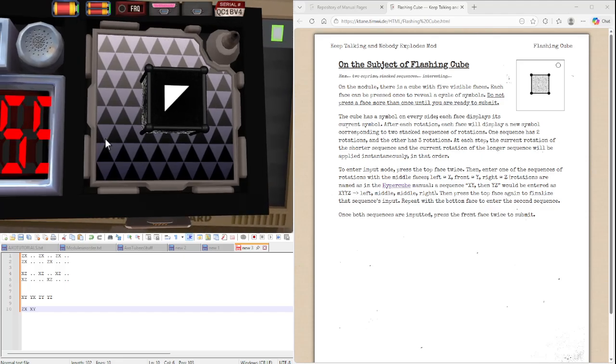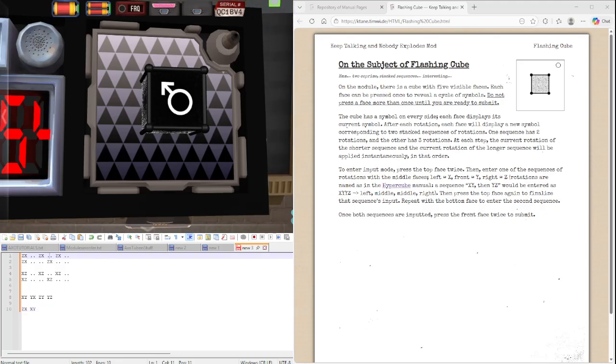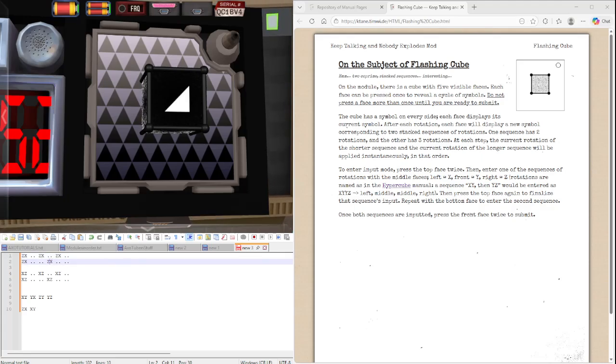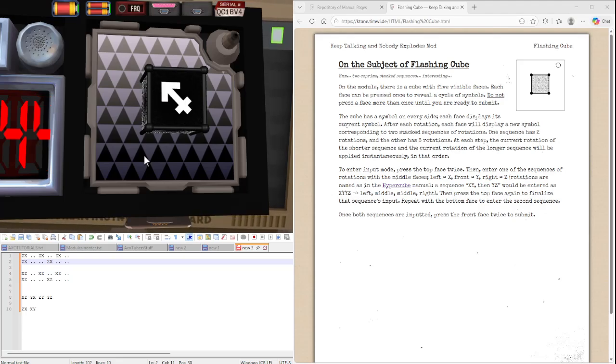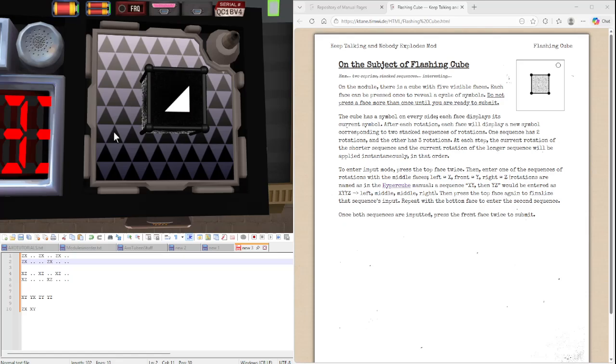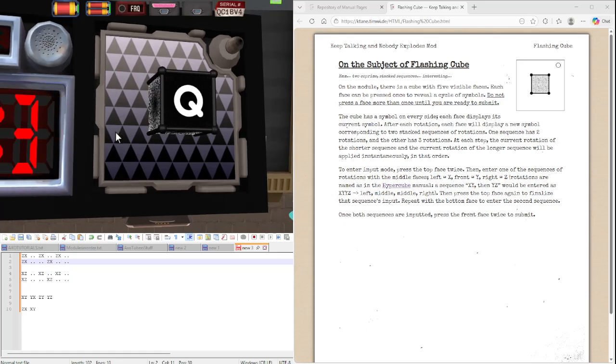Yeah, so we look at the triangle, not the... And then this one is going to be the... Is it? Just move, see which one it moves to, and then see which way it rotated.